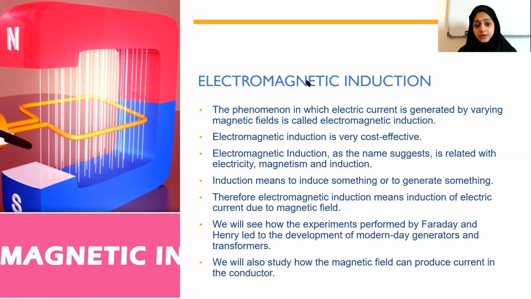Electromagnetic induction led to the development of modern day generators and transformers. Generators and transformers are essential for the large scale production of electric current and its distribution. So we will see the experiments performed by Michael Faraday.